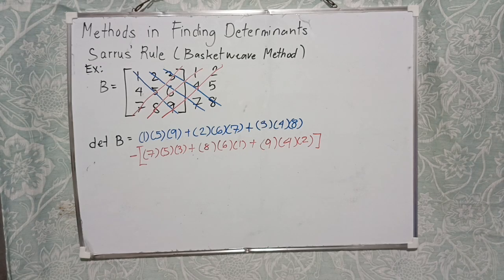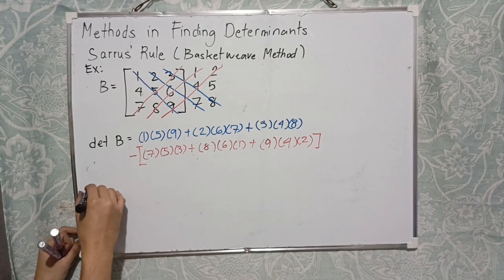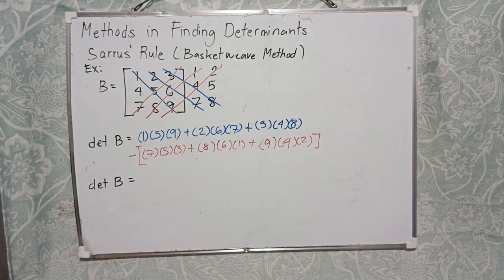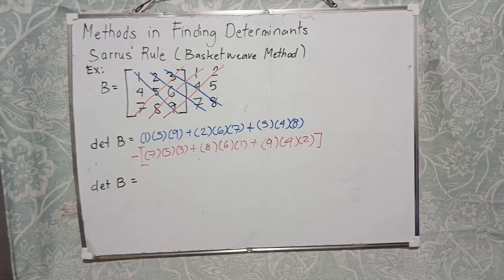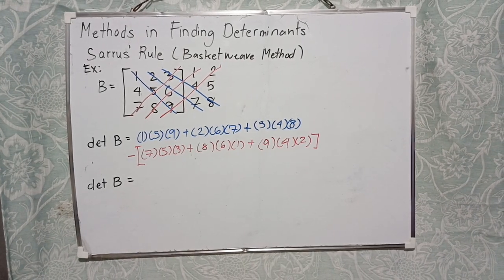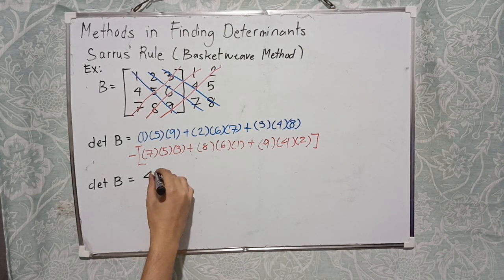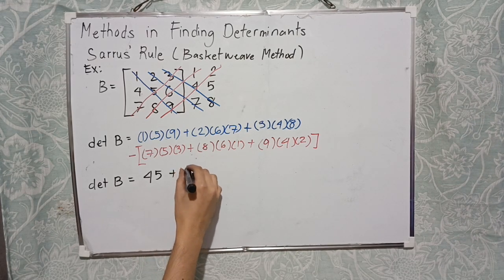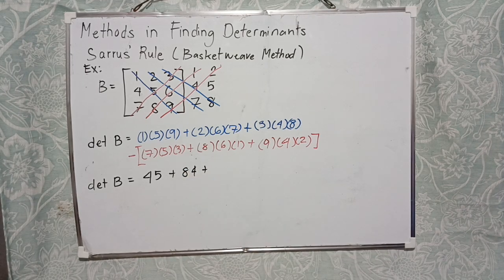The next thing to do is to simplify it and solve for its determinant. So our det B, it may take a while, we have 45, plus 84, plus 96.